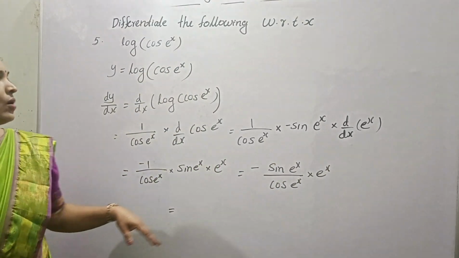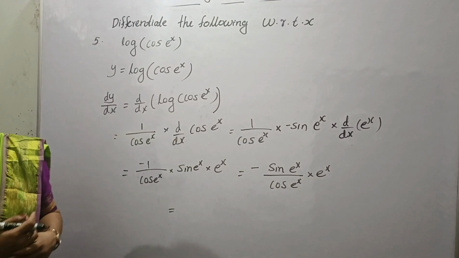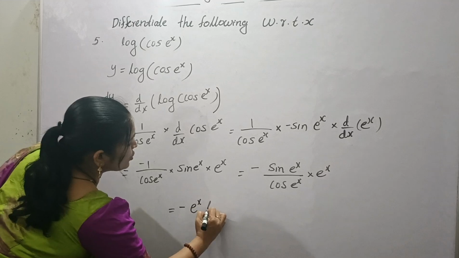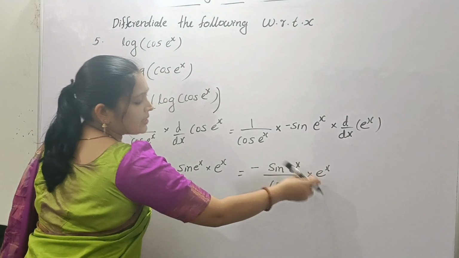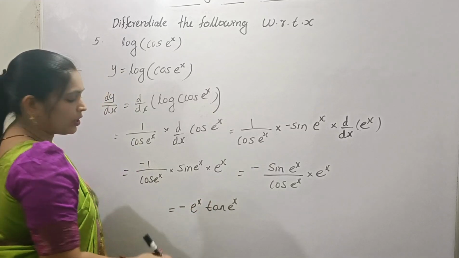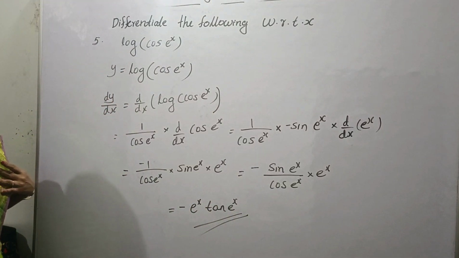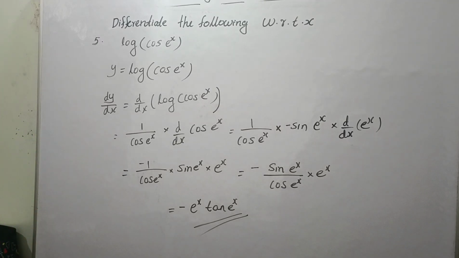What is sin by cos? Sin e raised to x divided by cos e raised to x is tan e raised to x. So minus e raised to x into tan e raised to x. That's all. It is the derivative of the given function log of cos e raised to x.